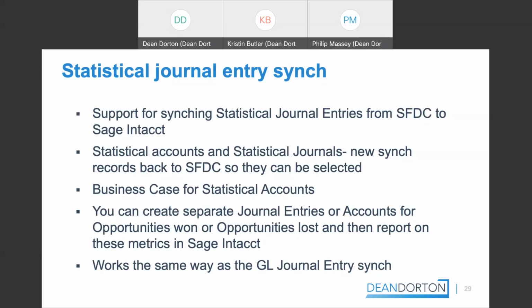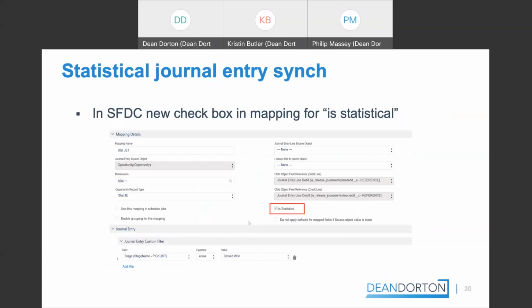And again, keep in mind, you've got the ability here to break these out over different dimensional values and all of that. So this really can ramp up the kinds of reporting that you can have between Salesforce and Sage Intacct. So it's a very nice feature for them to have.